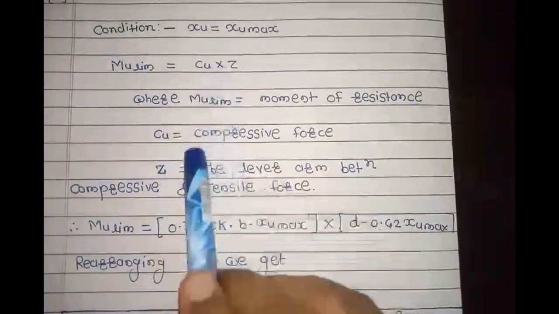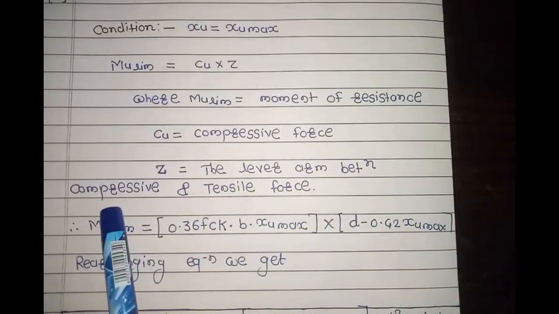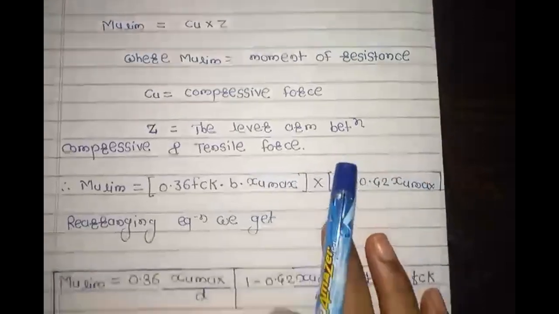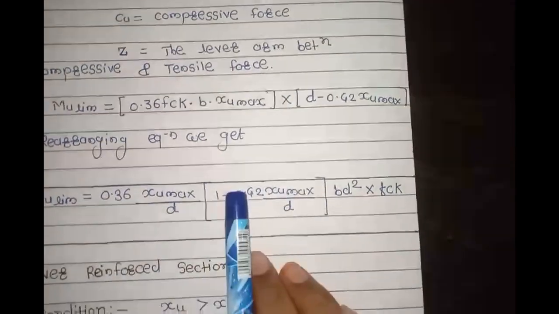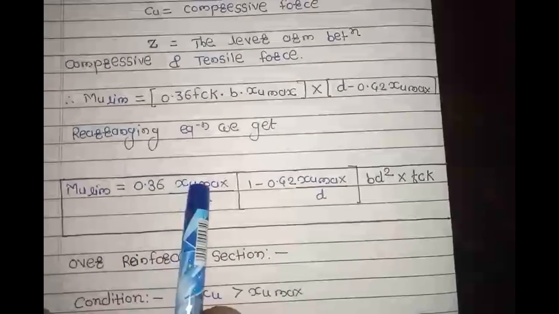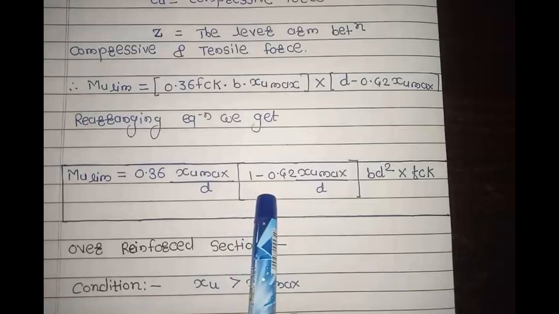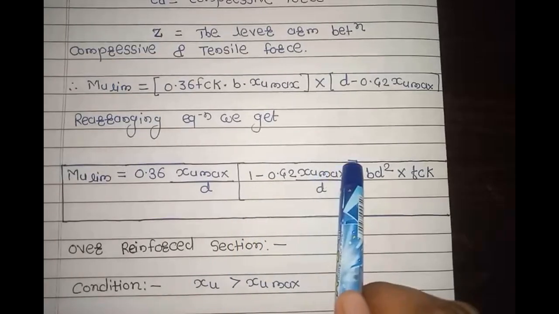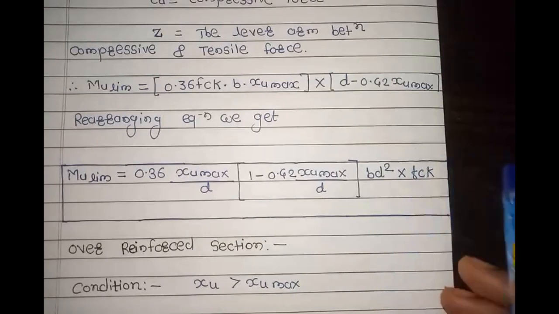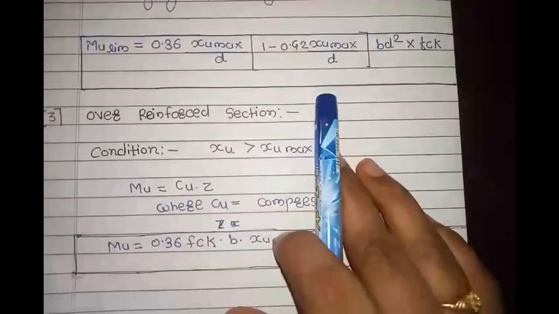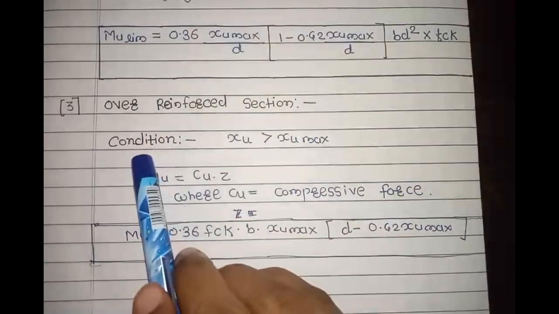Cu is the compressive force, Z the lever arm between compressive and tensile force. So Mu limit formula: 0.36 XU max divided by d, in bracket 1 minus 0.42 XU max divided by d, into b d square into FCK.